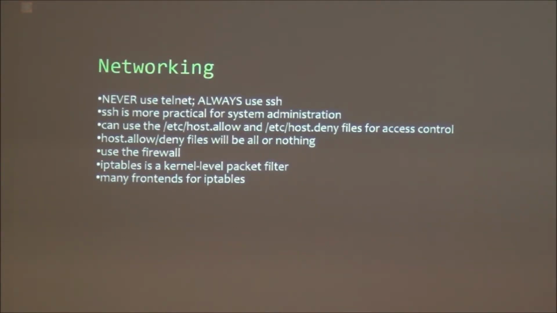Common sense, networking, use a firewall. I mean, everybody that used Windows before knows that you need to have a firewall. There's a lot of bad people out there on the internet that do very bad things. And if they have an opportunity to jump on your system via the network, it's going to happen. I don't know if you guys ever noticed, if you look at your router at home, it's always blinking.